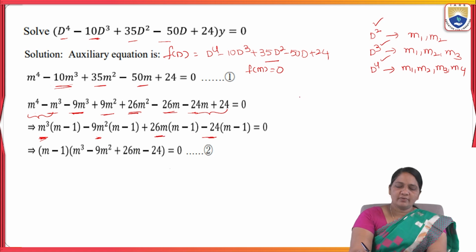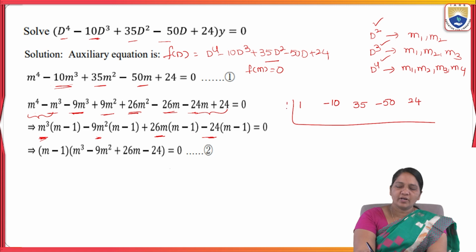Otherwise, we can take the coefficients: m4 coefficient is 1, m cube coefficient is minus 10, m square coefficient is 35, m coefficient is minus 50 and constant is 24. First I am taking the 1 here. So 0, 1 plus 0 is 1. 1 ones are 1. So minus 10 plus 1 is minus 9. 1 into minus 9 is minus 9.